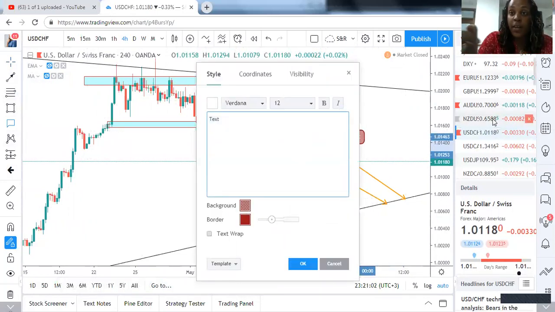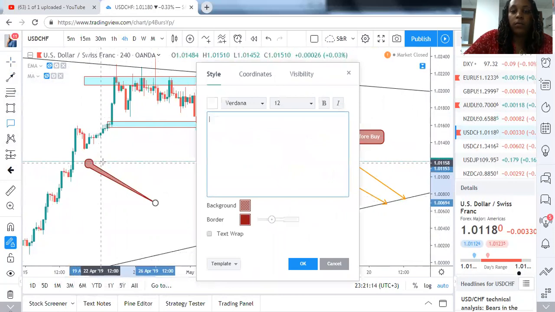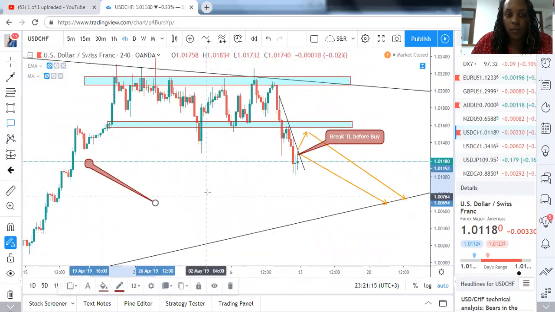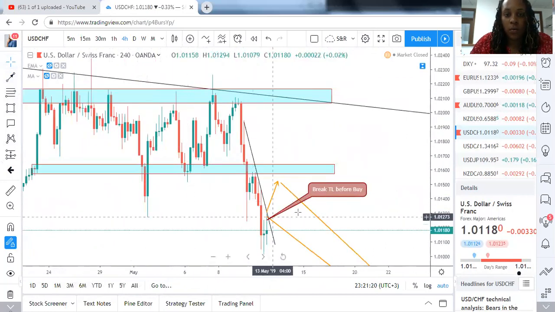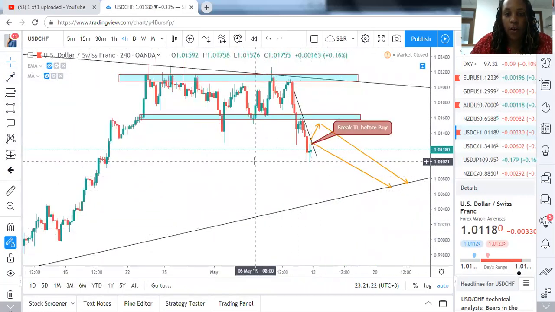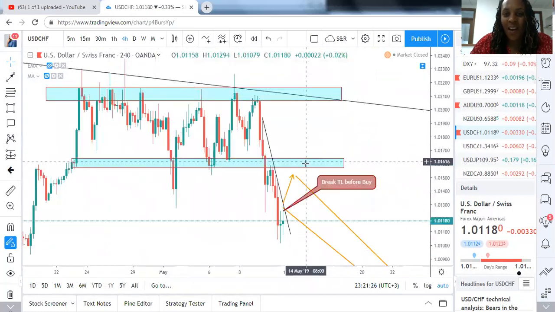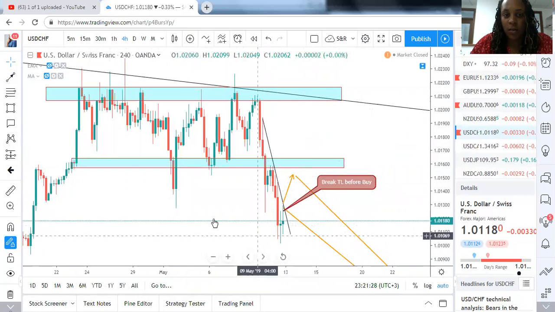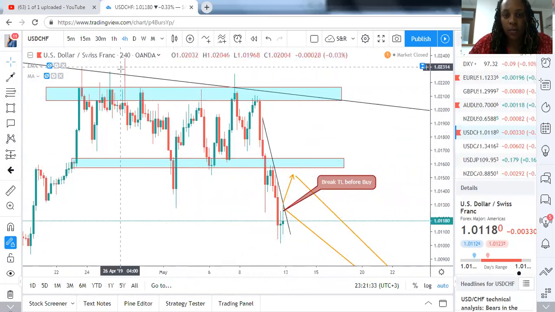If it buys, we know that we're looking for a break of TL before buy, right? Right, so that's what we're looking for, or we will wait for a better setup before we sell.